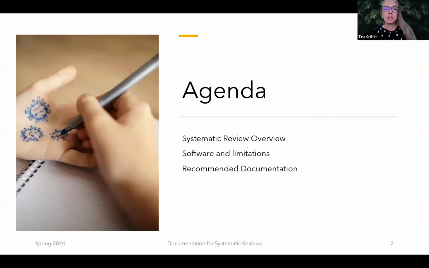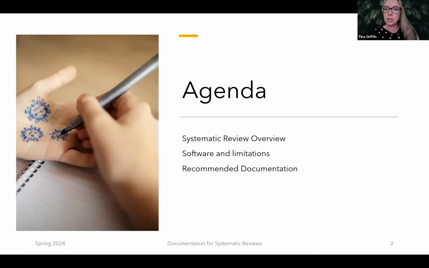Okay, so our agenda today is actually pretty straightforward. I'm going to start with a very, very brief overview of a systematic review, just to make sure that we're all on the same page for what some of those steps are and where documentation might be needed.